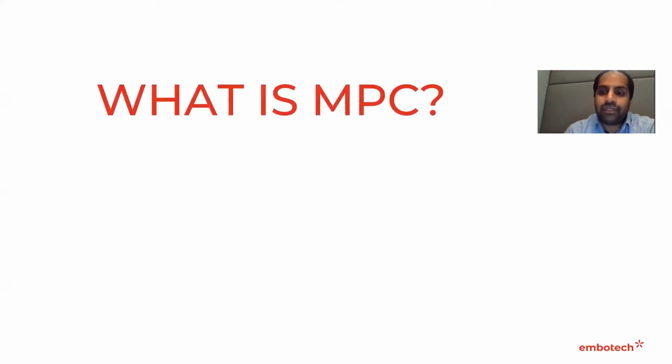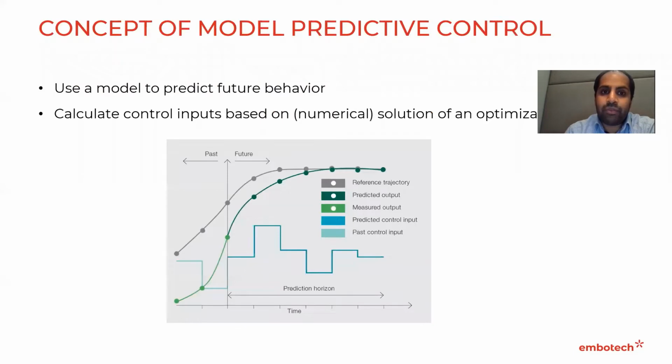So let's start with talking about what is actually MPC. MPC is the abbreviation for model predictive control. If you look at the concept, what you actually do is you use a model, which is a mathematical model describing the system behavior. You predict with this model what you think the system will be doing in future.